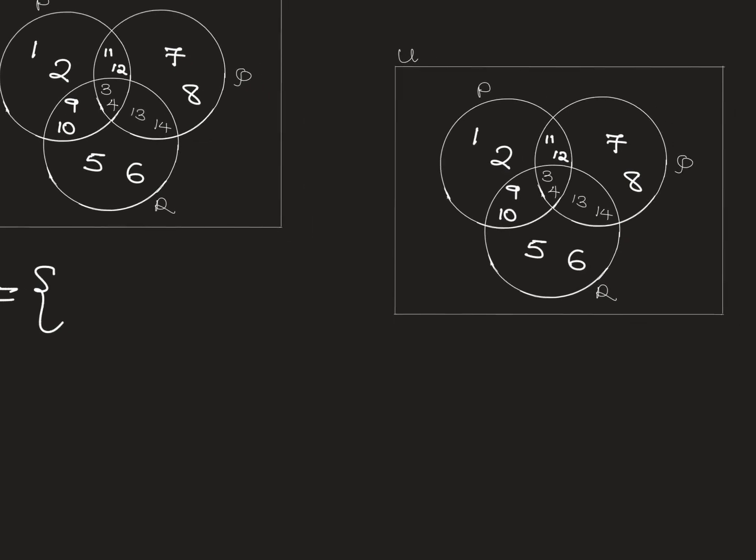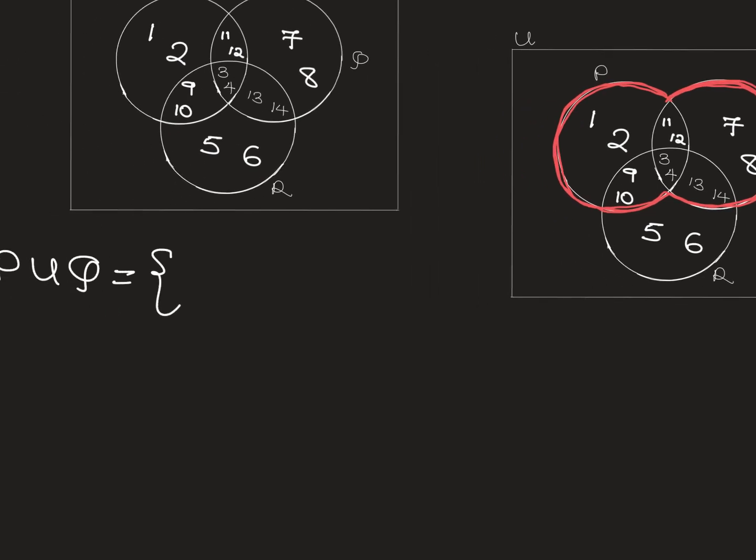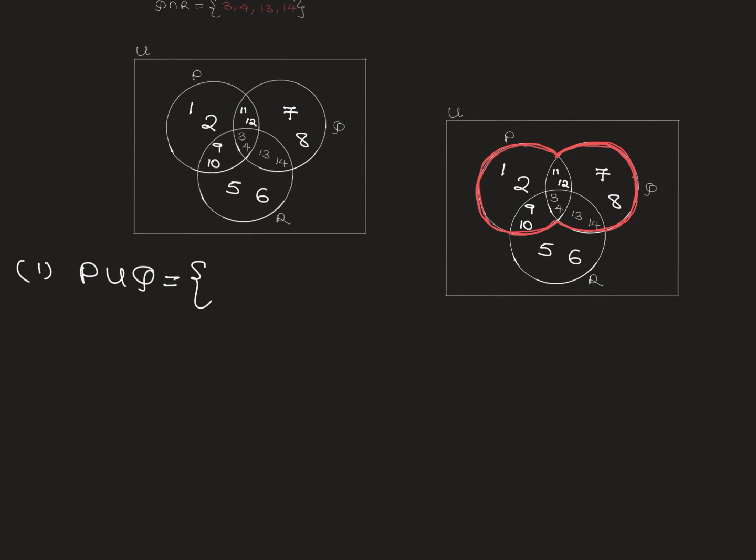For sets P and Q, the members will be the ones you have here. That is P union Q. So what do we have if we unite P and Q?